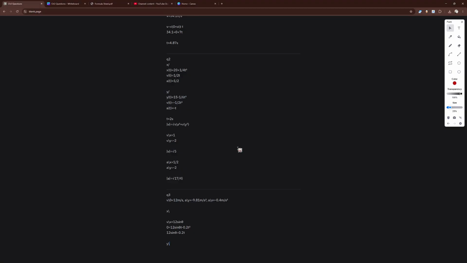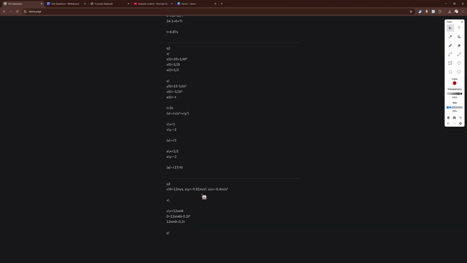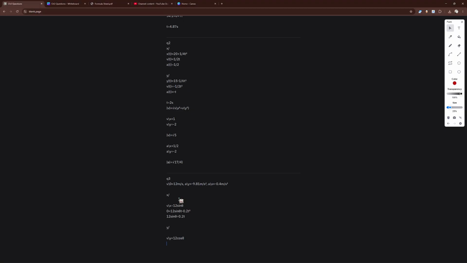Anyways, onto the y direction. I used the wrong slash here. That's kind of finicky. Okay, onto y. Vy is the same thing but cosine, so 12 cos theta. And again, we know that sy and sy naught are just 0, because we want it to return straight back to where it started. So it's completely zeroed out.